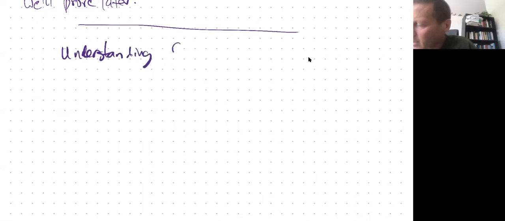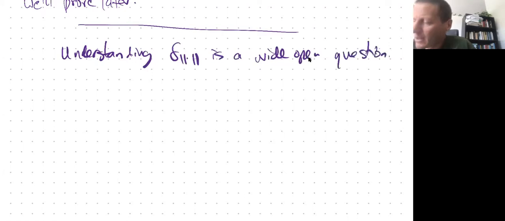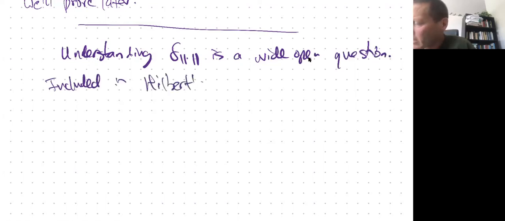So I'll just write it down. So understanding delta is a wide open question, and it's included in some sense in Hilbert's list of problems from 1900.